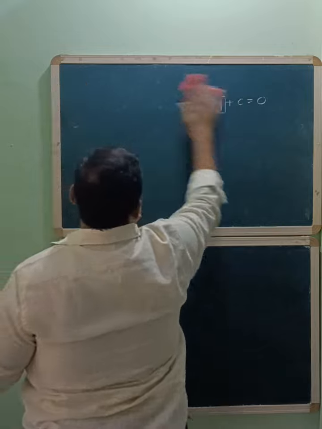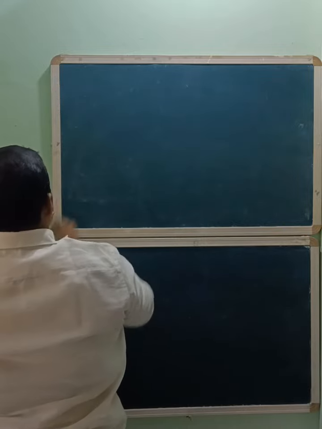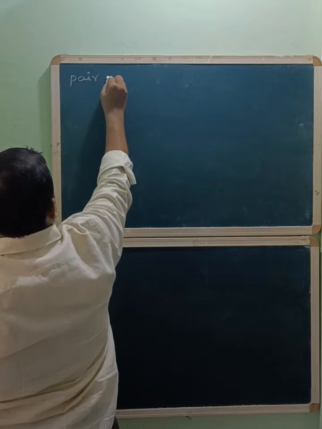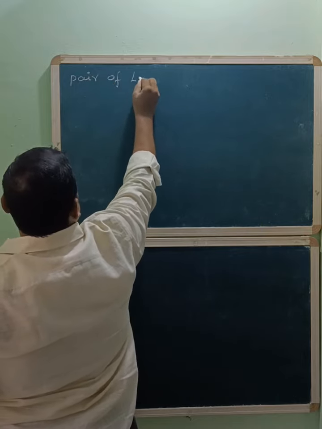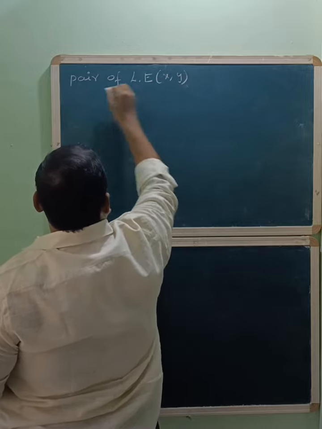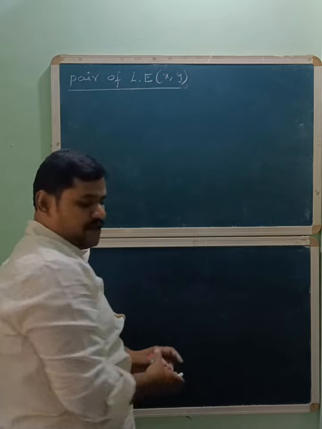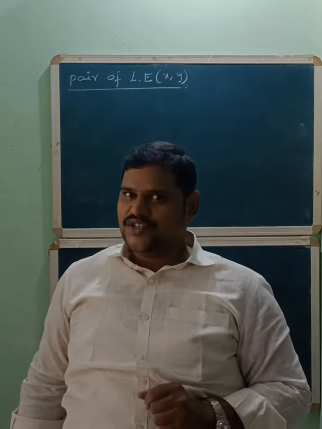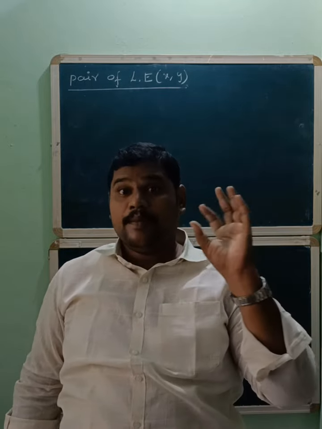Now our next concept is the pair of linear equations in two variables. A linear equation in two variables, you know, is ax plus by plus c is equal to 0. But here, what have we taken?